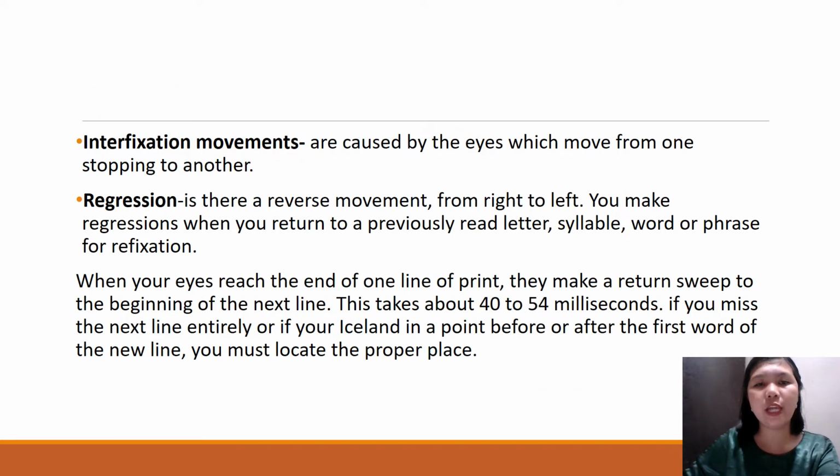Interfixation movements are caused by the eyes moving from one stopping point to another. Your eyes move from left to right during interfixation movements. When you take in data, your eyes converge during an interfixation movement but diverge during the fixation that follows, and this takes time.